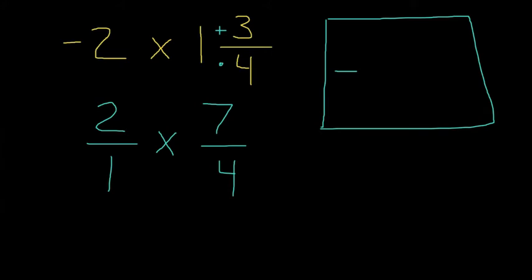Now I notice my 2 and my 4, I can cross simplify here, and I'm going to go ahead and do that. How many times does 2 go into 2? Well, once. How many times does 2 go into 4? Twice.